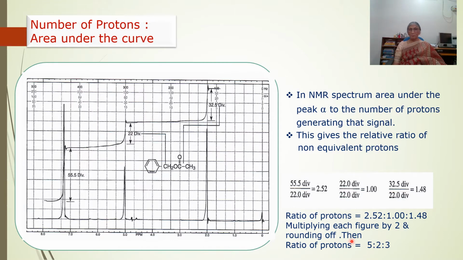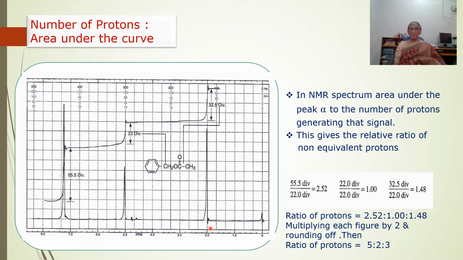So the ratio becomes 5:2:3. It means the signal seen at 7.2 delta is given by 5 equivalent protons, the signal at delta 5 is given by 2 equivalent protons, and the signal at delta 2.0 is given by 3 equivalent protons.